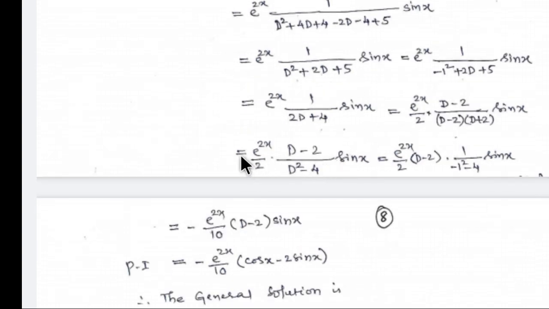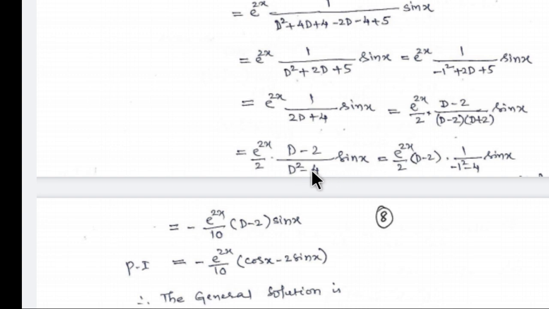Simplifying, this is equal to e raised to 2x by 2 into (D minus 2) by applying the (a plus b)(a minus b) formula, D squared minus 4, into sin x. So you get e raised to 2x by 2 into bracket D minus 2, keeping D minus 2 as it is, and again apply 1 by D squared minus 4 on sin x.